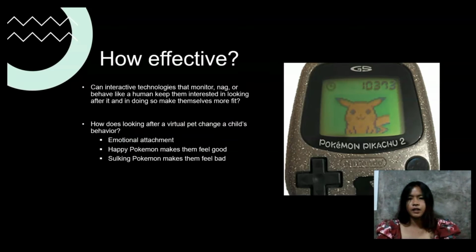How effective? Can interactive technologies that monitor, nag, or behave like a human keep them interested in looking after it, and in doing so make themselves more fit? How does looking after a virtual pet change a child's behavior? Emotional attachment. Happy Pokemon makes them feel good. Sulking Pokemon makes them feel bad. So, ayun nga.